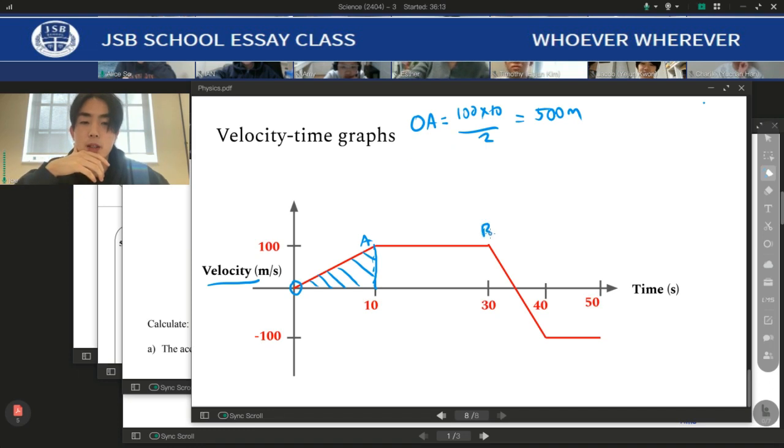Let's call this B now. So A to B. Amy, how do you think we work out the area for A to B? What do you think the distance traveled from A to B is?